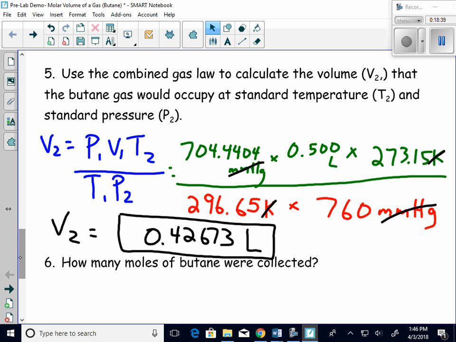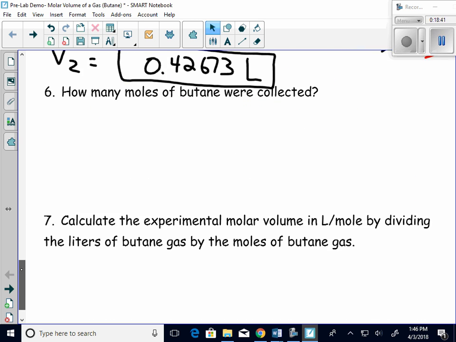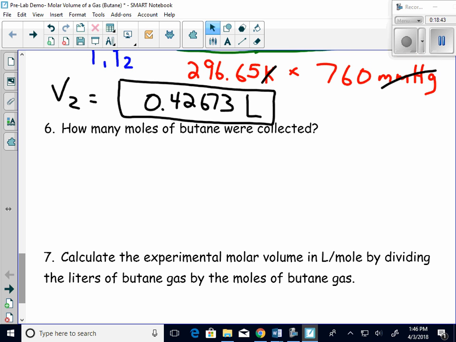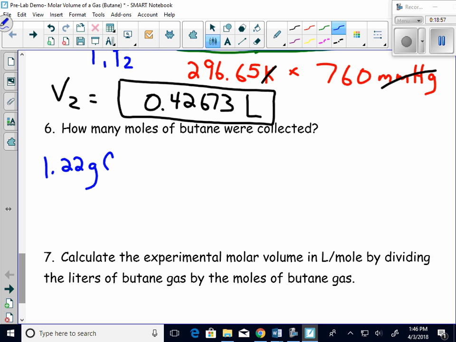Now, as I scroll down, I'm not done yet. How many moles of butane were collected? Well, if you remember right, I told you that I took mass before and mass after of the lighter. So I'm going to flux capacitor this to get it into moles, because I can calculate the molar mass of butane using my periodic table.